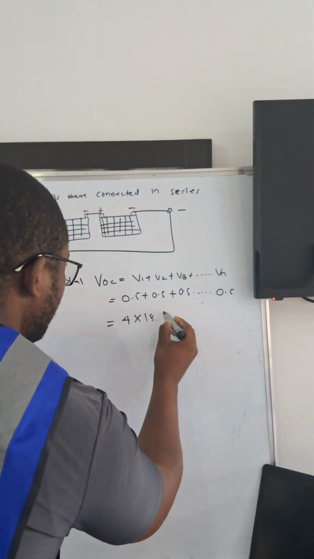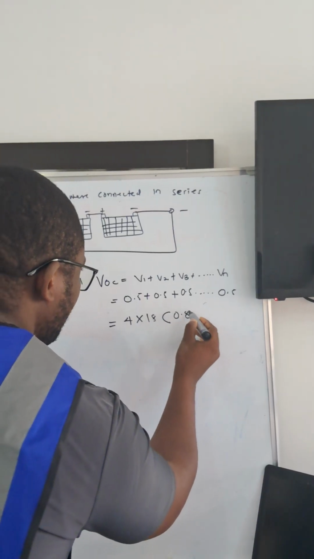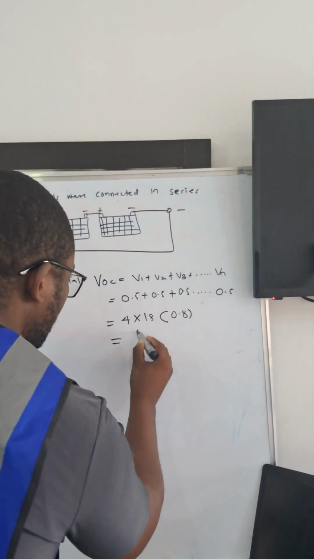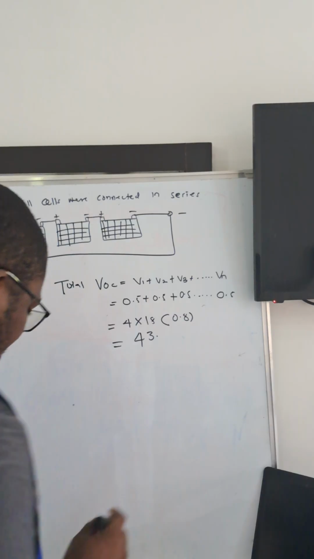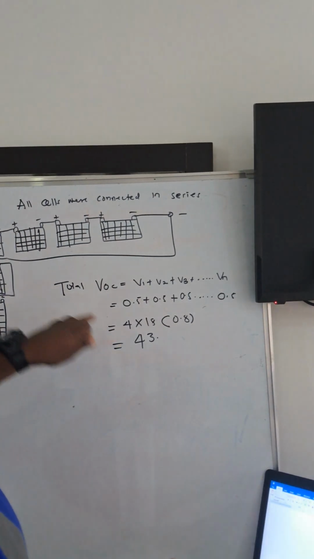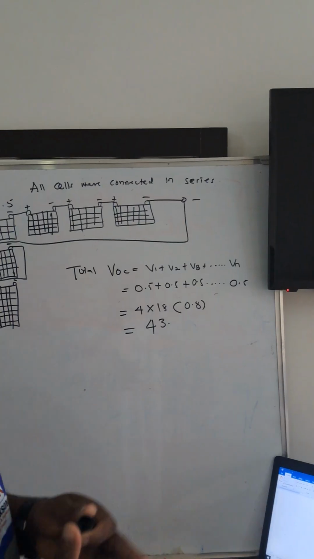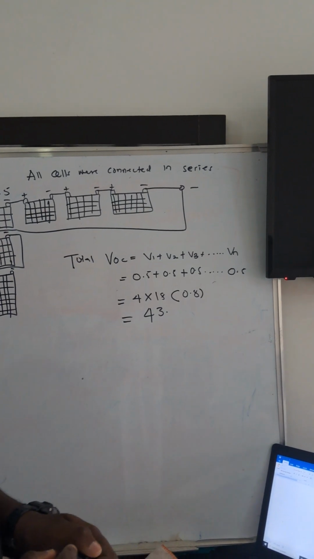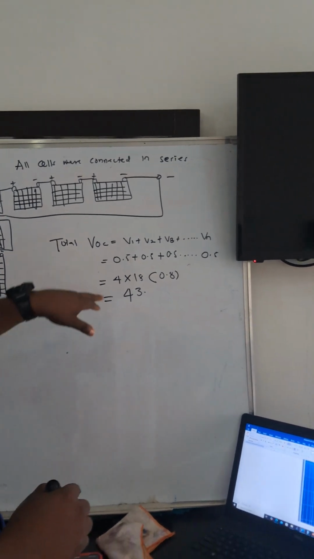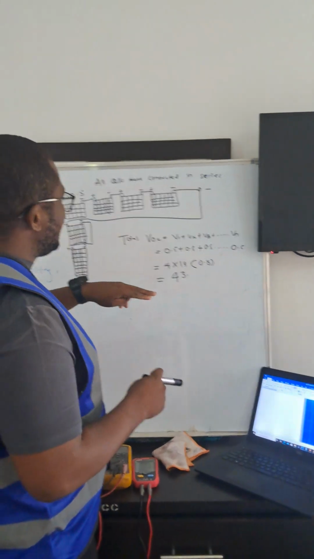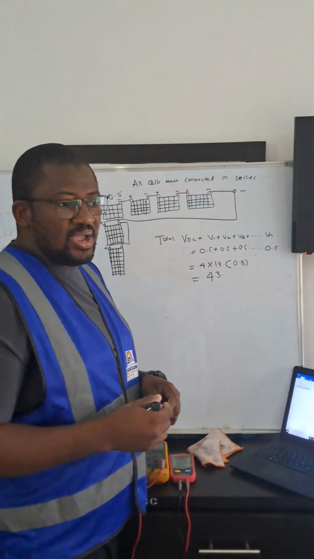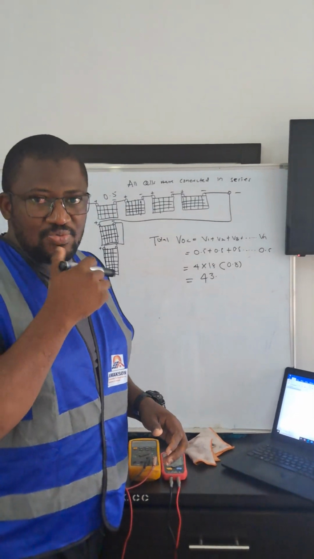And whatever we have, we multiply by 0.5. Of course, you believe me, we are going to have 43 point something, which means, according to our previous open circuit voltage, it indicated 44.22. Meaning this manufacturer has considered a maximum of 0.6 at the open circuit voltage.